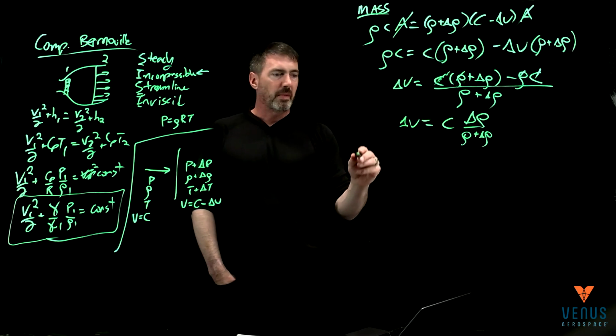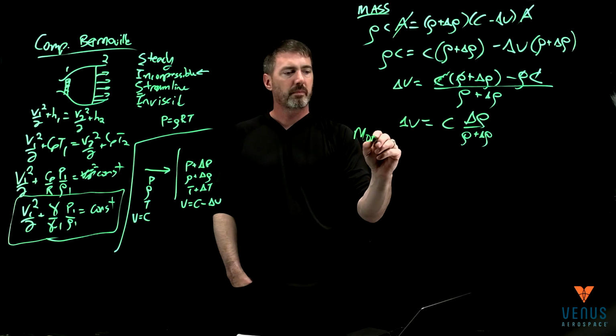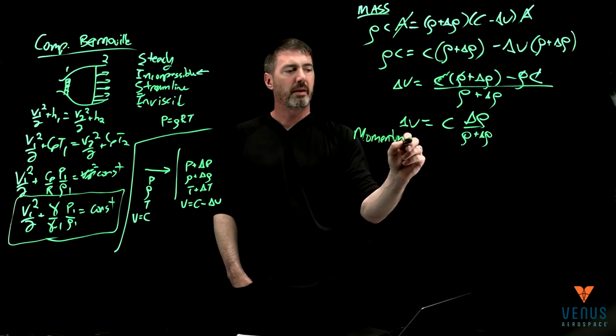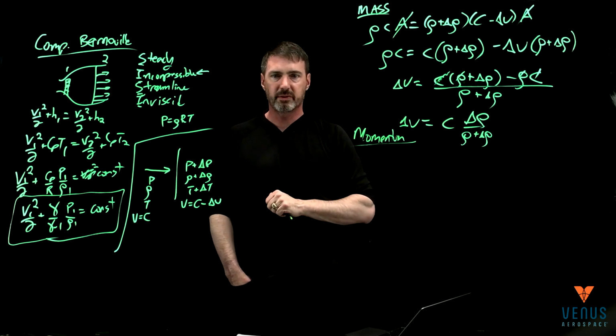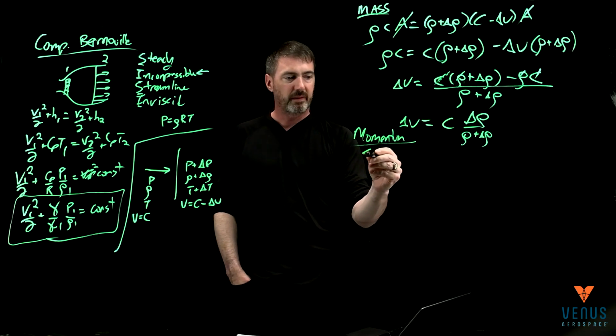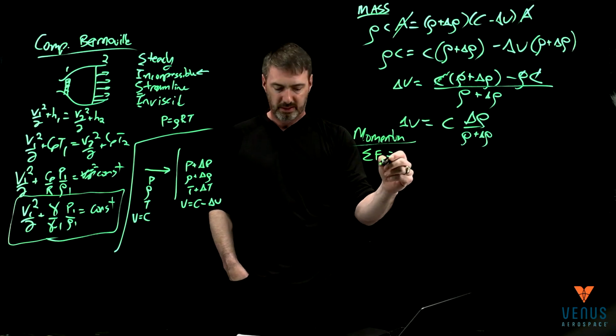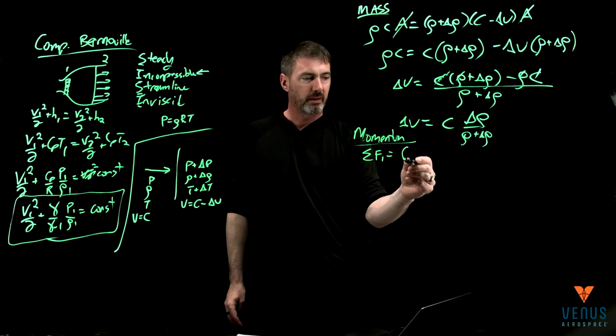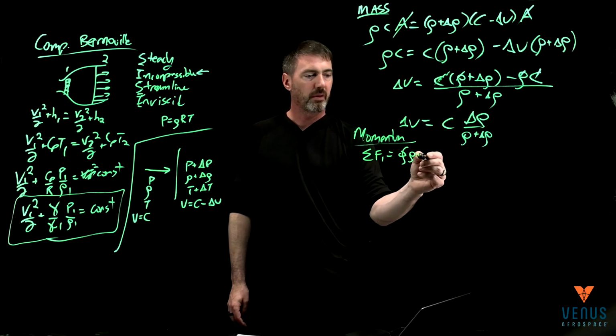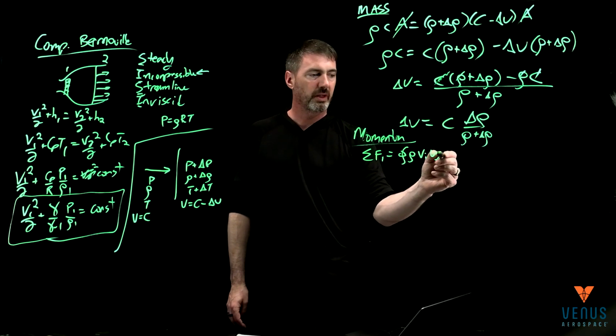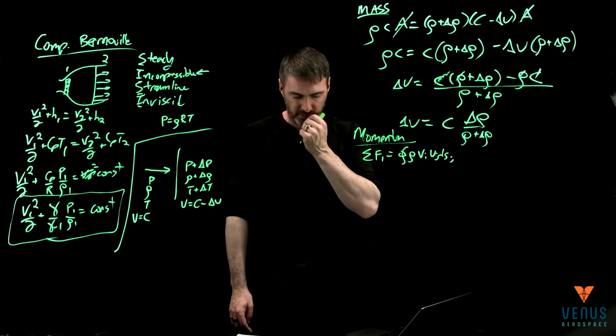Because now we're going to come to momentum. And if we look at the conservation of momentum, the sum of forces is equal to the contour integral, and I'm going to write that rho v_i and then u_j dS_j, kind of back to our standard notation.